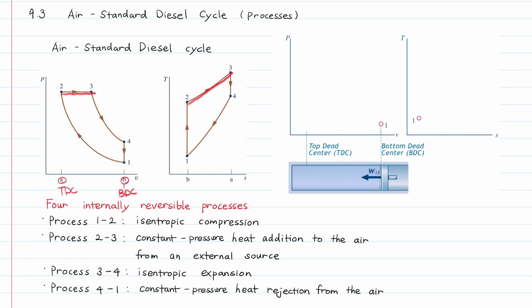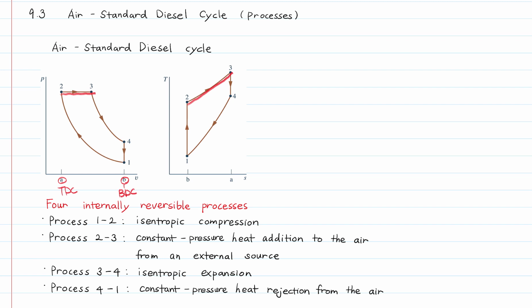The temperature increases. As you can see on the PV diagram, the pressure increases, volume decreases. Some work is done on the system. The energy balance equation for a closed system can be written. We are neglecting the changes in kinetic and potential energies of the system.